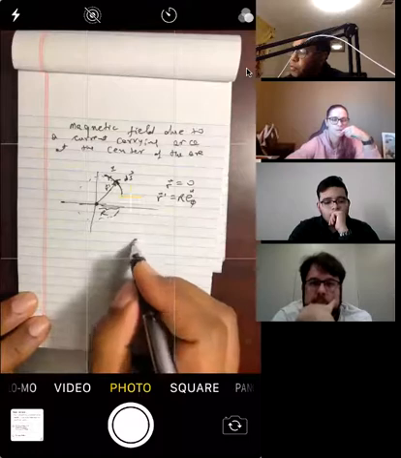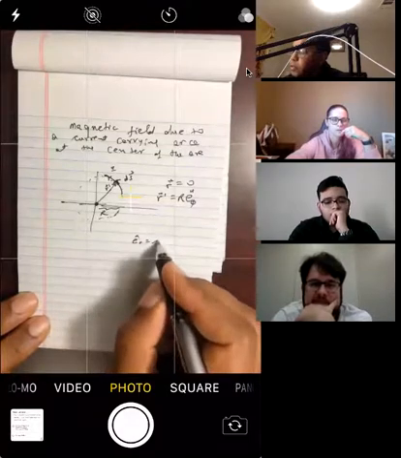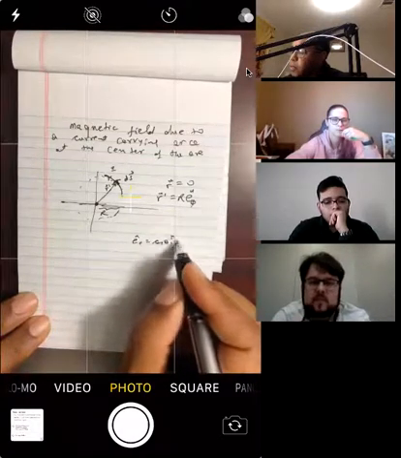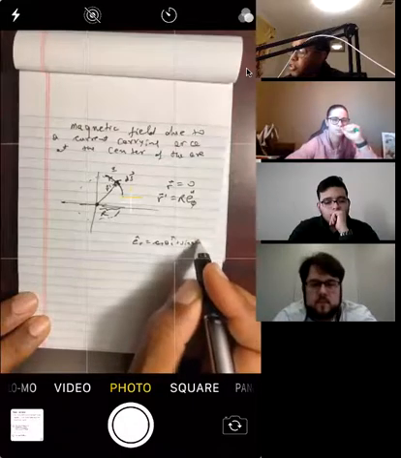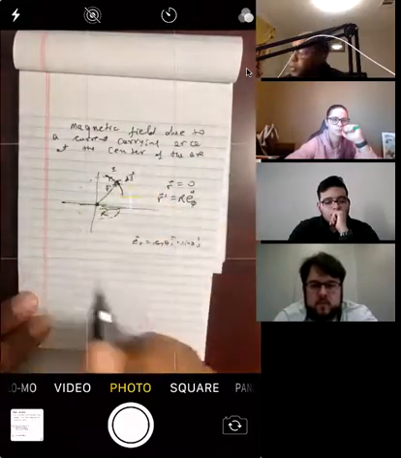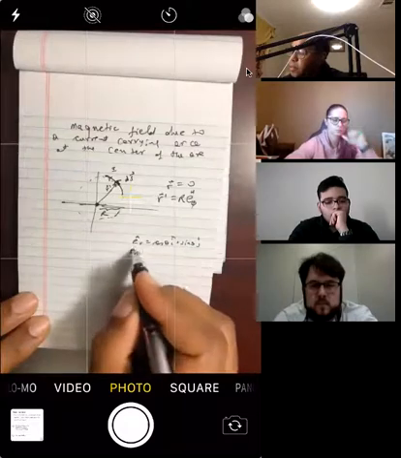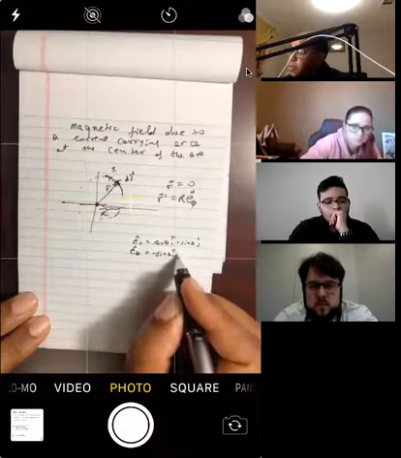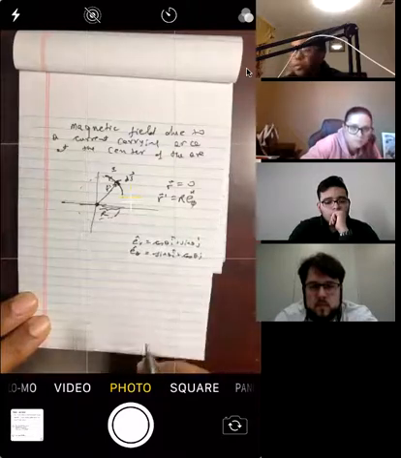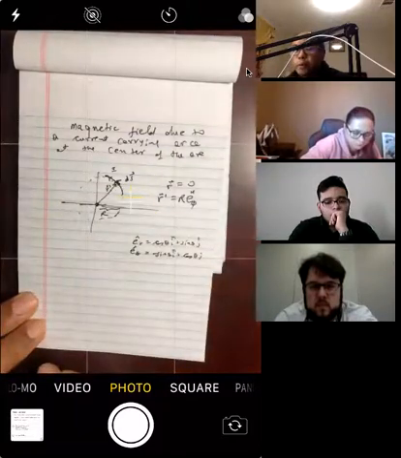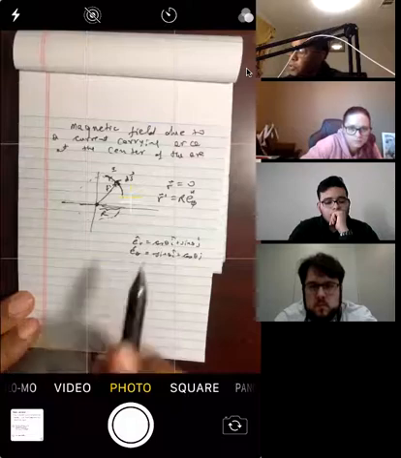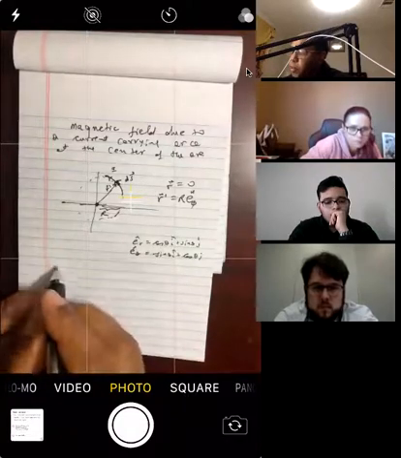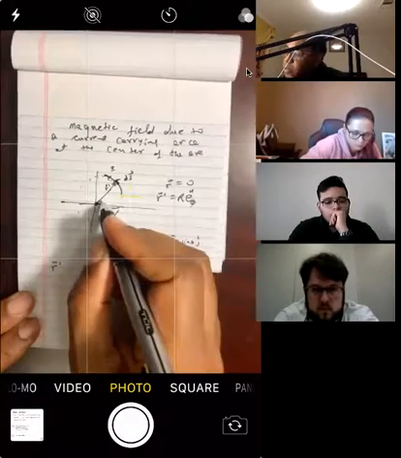We have e r equals cosine theta in the i plus sine theta in the j, which is the radial unit vector. And then we had e theta equals negative sine theta in the i plus cosine theta in the j, which is tangent to the circle, okay? So that's what we're talking about over here. So this position vector over here, r prime, I can write it like this.